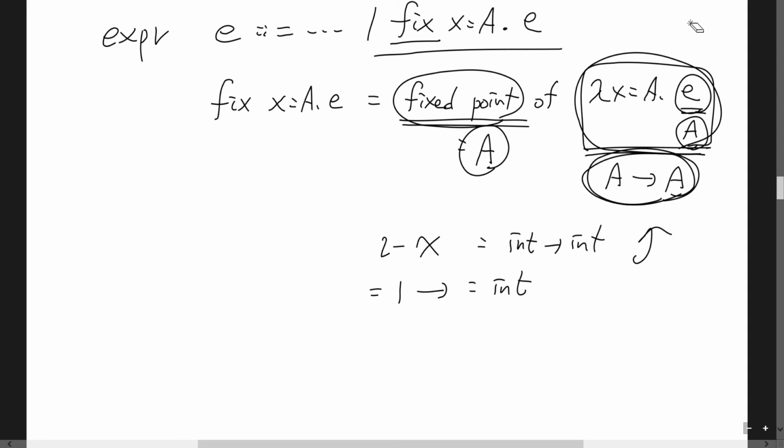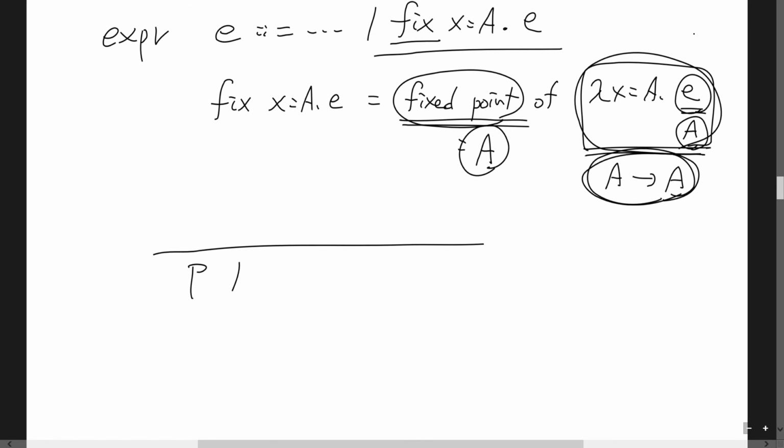And this observation gives rise to a typing rule for this fixed point construct. So here's the typing rule. We want to verify that this expression E has a type A, but inside expression E we may use this variable x.